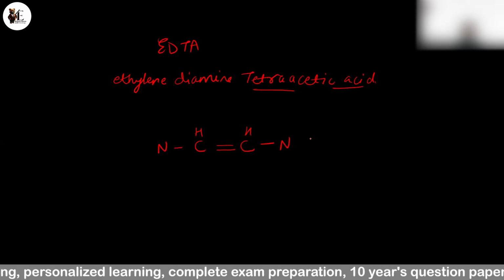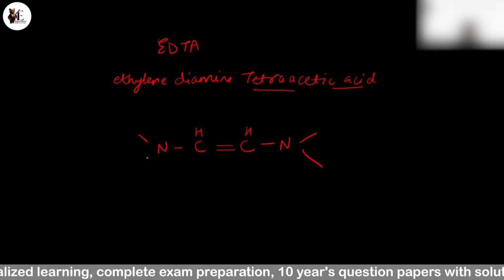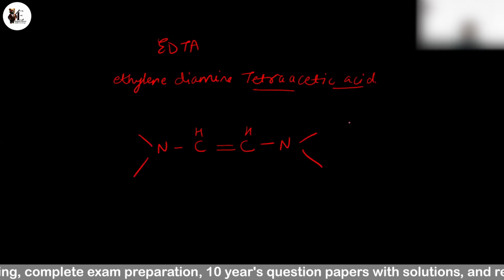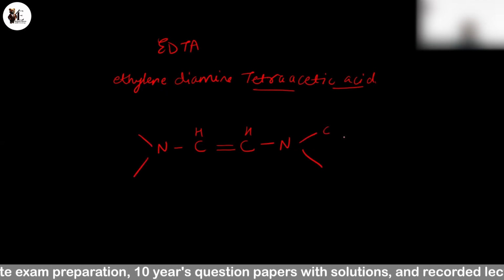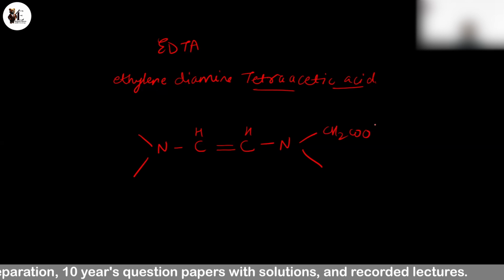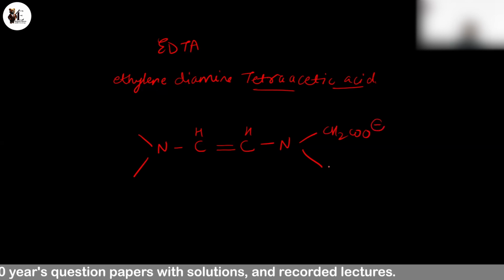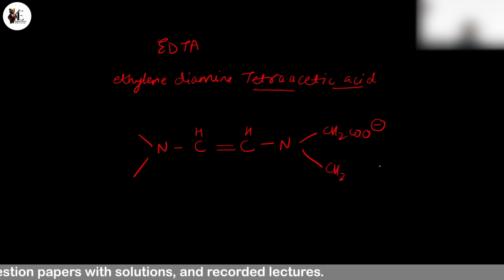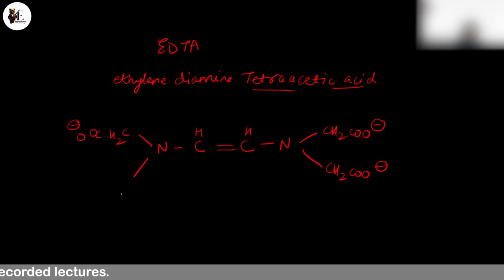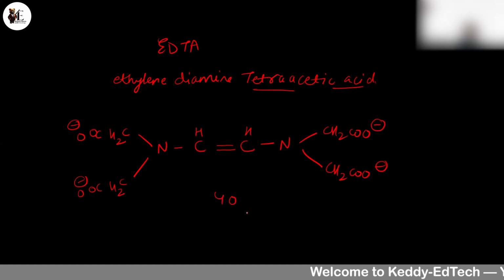Tetraacetic acid means at these 4 positions we have acetic acid, CH2COOH. But we are writing minus here to show you the donor sites. How many oxygen sites are there? 4 oxygen sites are there, which can coordinate with the central metal atom.